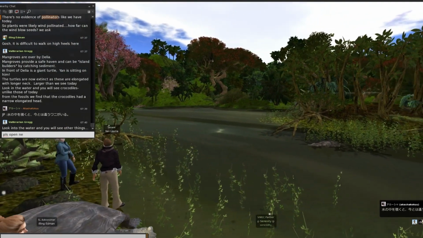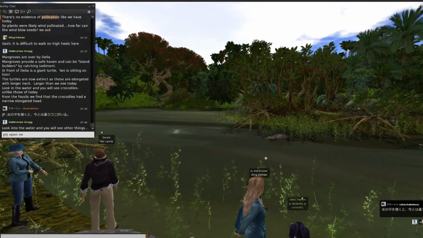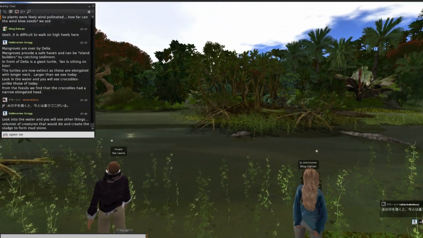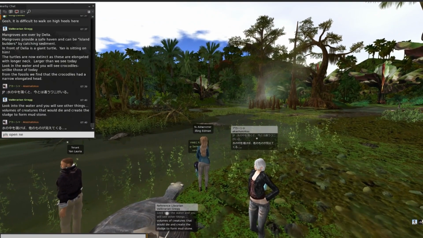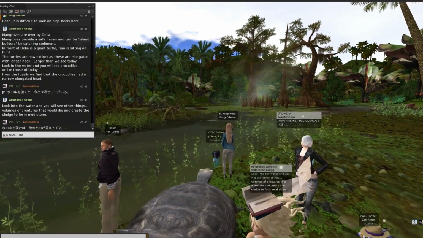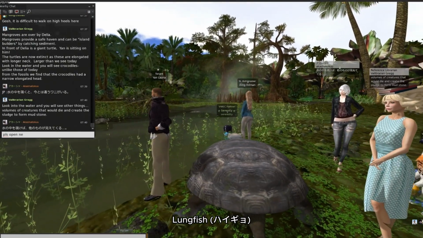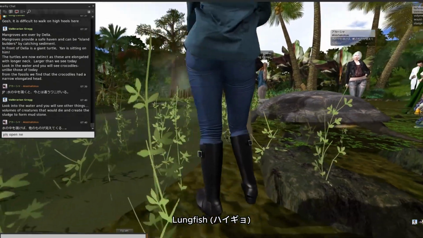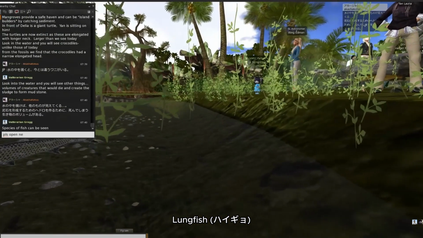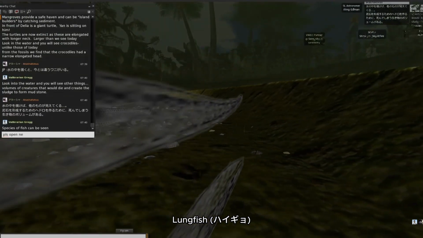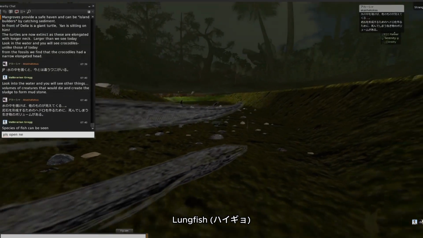But you'll also see things like a dragonfly nymph. You'll see some fish. Particularly, you'll see lungfish, and so lungfish gives you another clue to the kind of place this was.